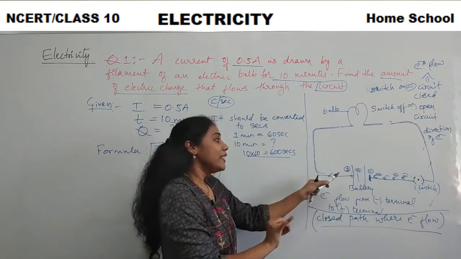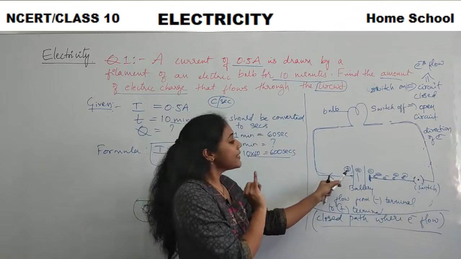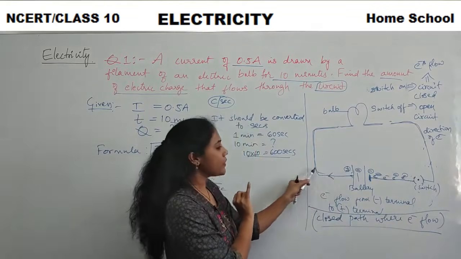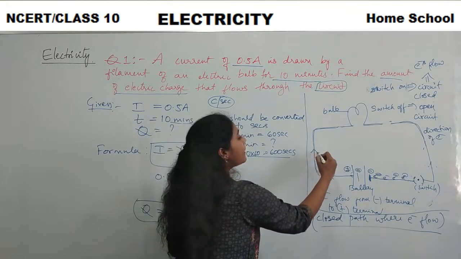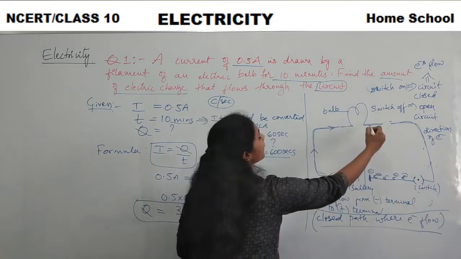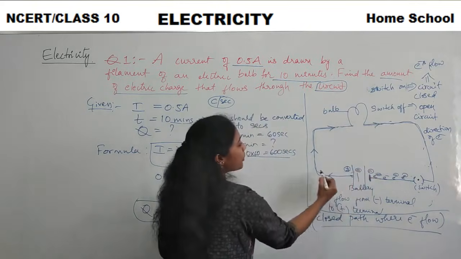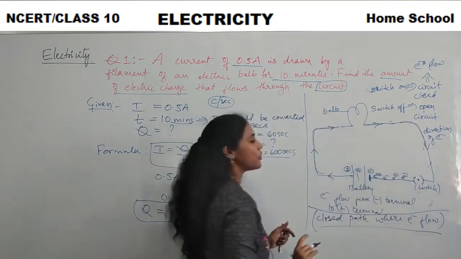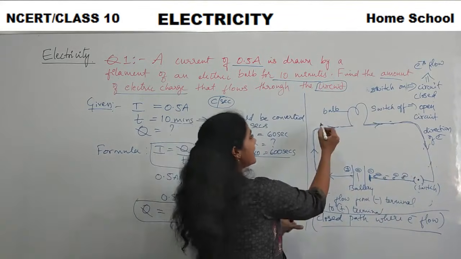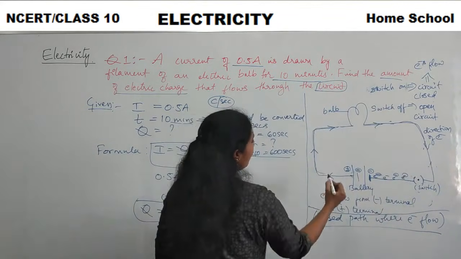But according to those scientists, since they thought electric current is due to the flow of positive charges, they kept the direction of current this way, from positive to negative. Even now we follow this convention only, right? So what is this? The direction of current.